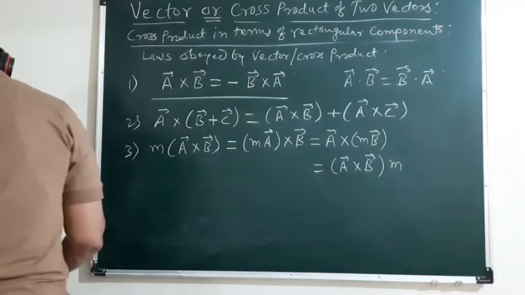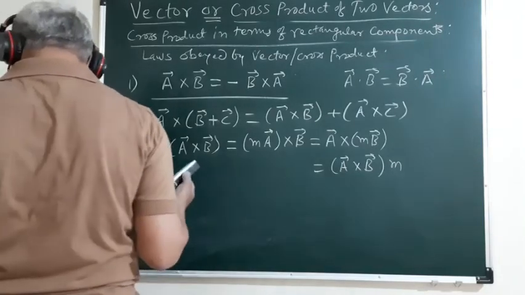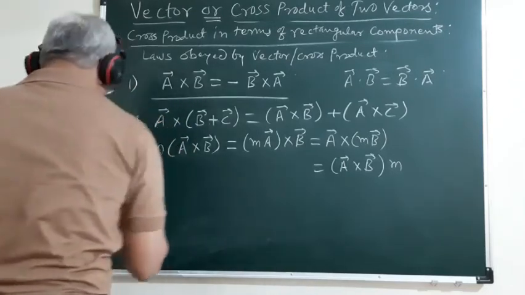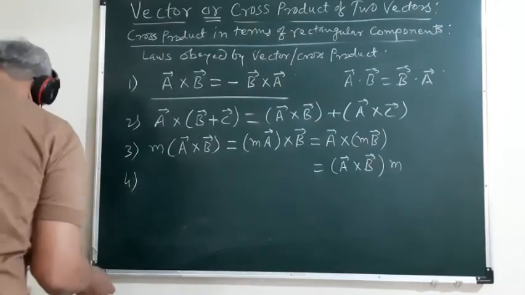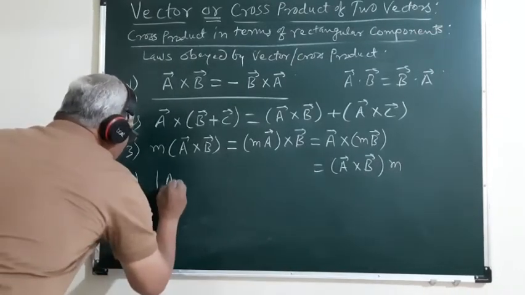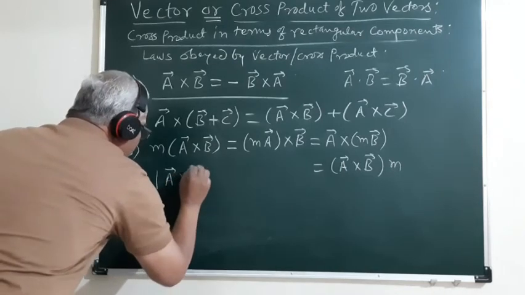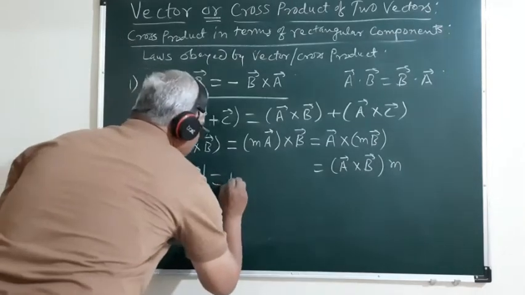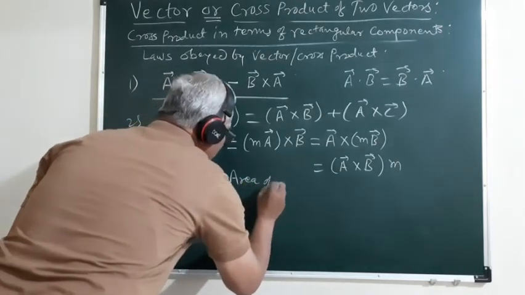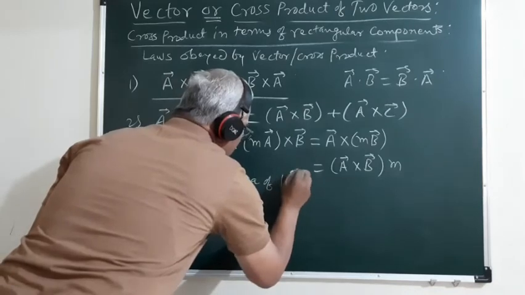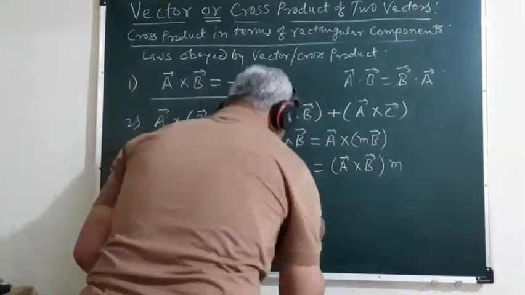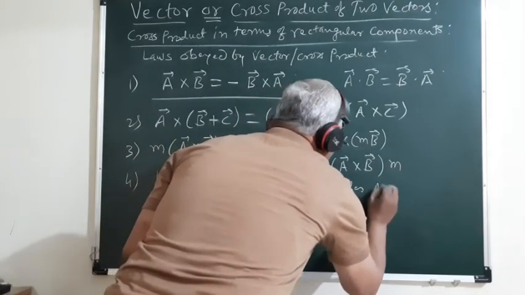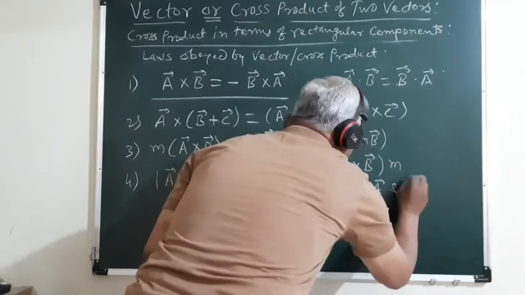And the last law obeyed by the vector product or the cross product of two vectors is that the magnitude of the cross product of two vectors gives the area of the parallelogram with sides A bar and B bar.